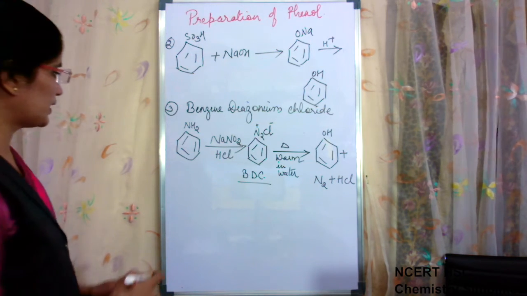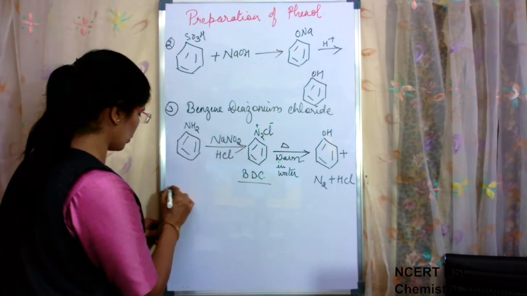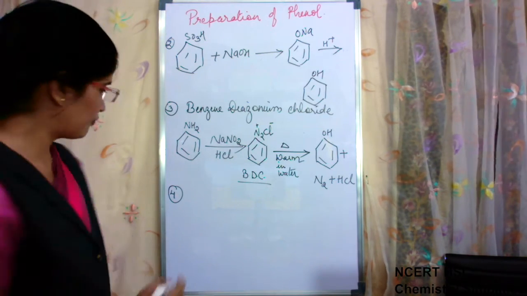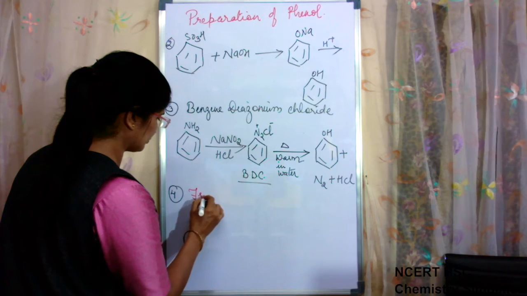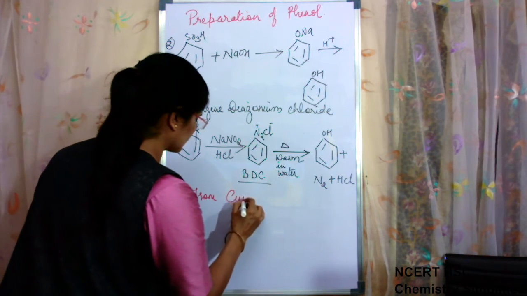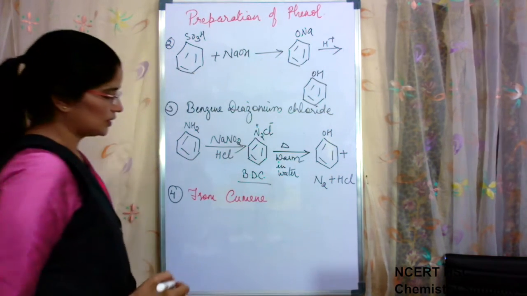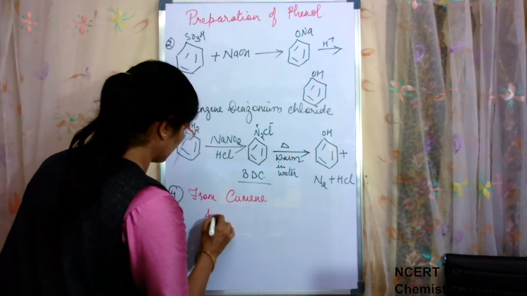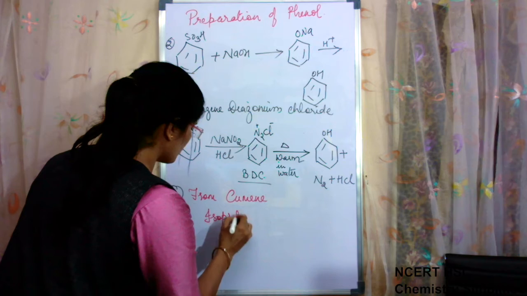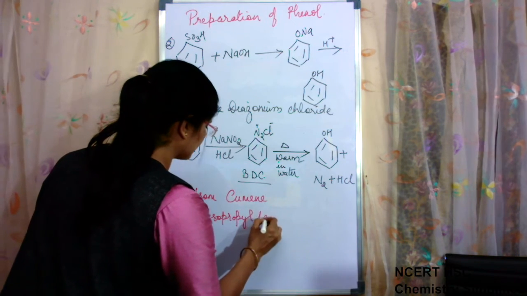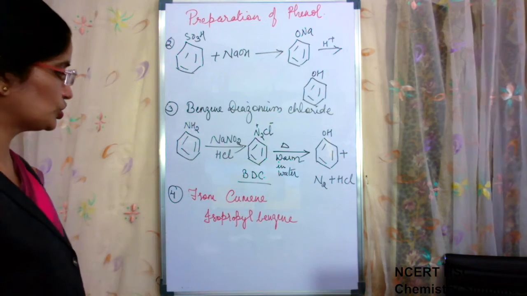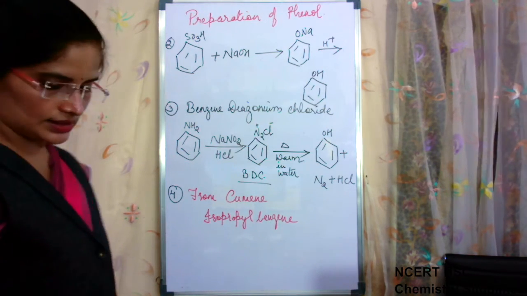Now the fourth method for preparation of phenol is from cumene. Now what is cumene? Isopropyl benzene is known as cumene. Now we will draw the structure of it.